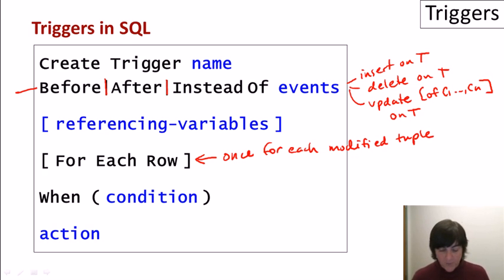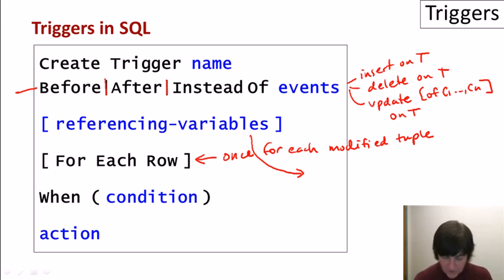If we specify for each row in our trigger, then we will run the trigger 10 times, once for each deleted tuple. On the other hand, if for each row is not present, then we will execute the trigger once for the entire statement. Now, one tricky thing is that no matter what, the trigger is activated at the end of the statement, but it's activated either 10 times for the 10 deleted tuples or once if for each row is not present.